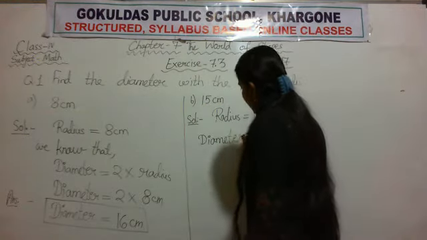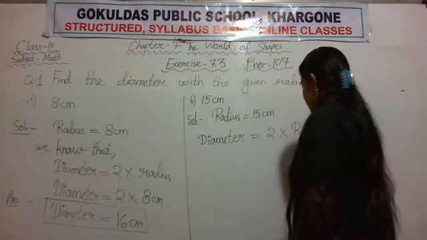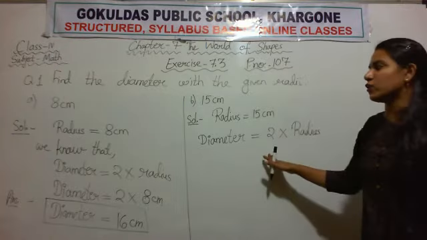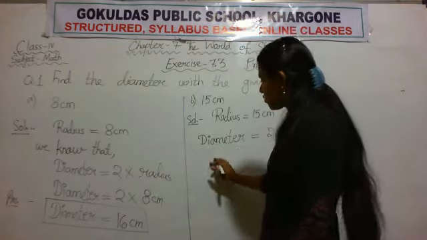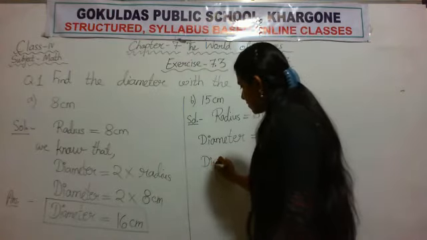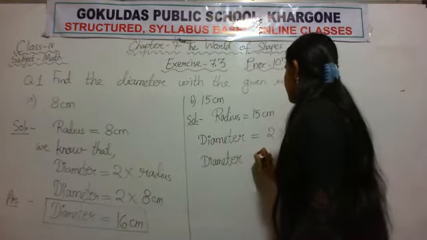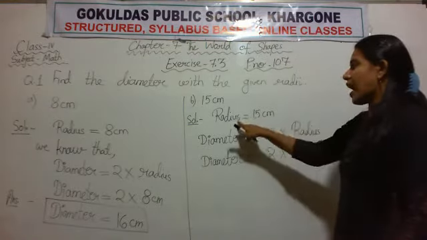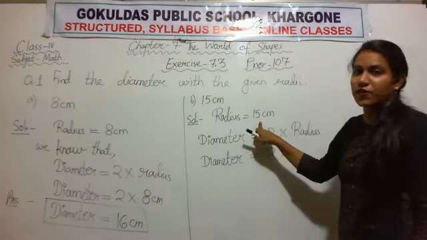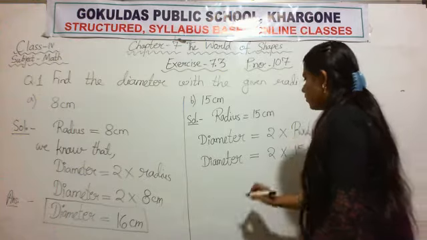So we know that diameter is equal to 2 multiplied with radius. This formula we know. Now put the values in the formula. We don't have any value for diameter, so write diameter as it is, equal to 2 multiplied with radius. Value for radius is 15 centimeter. So write 15 here.